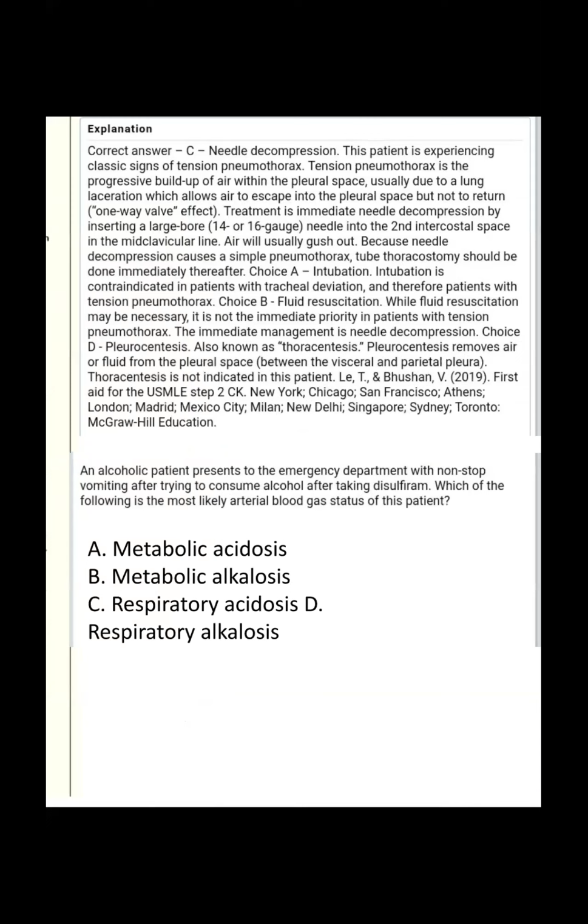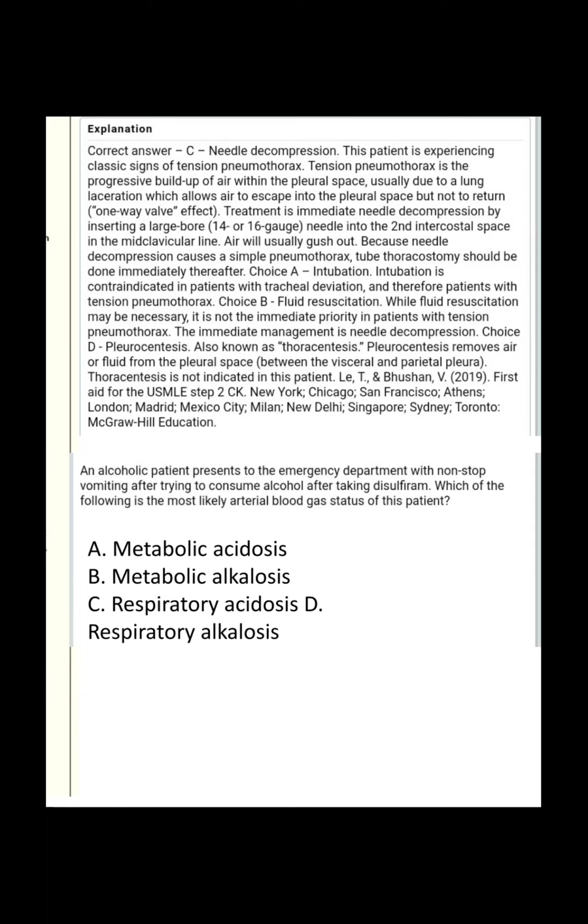An alcoholic patient presents to the emergency department with non-stop vomiting after trying to consume alcohol after taking disulfiram. Which of the following is the most likely arterial blood gas status of this patient?